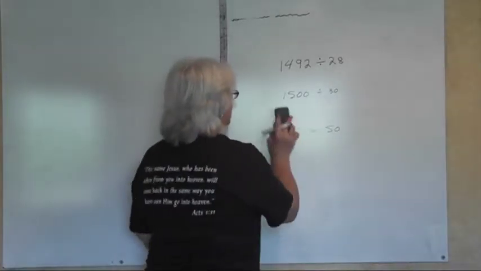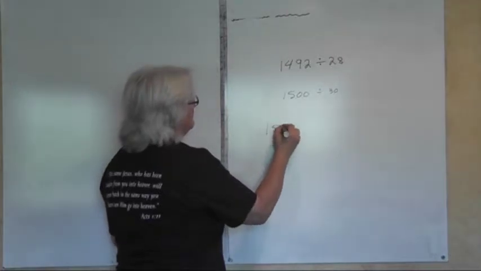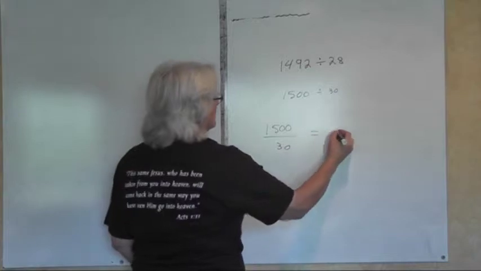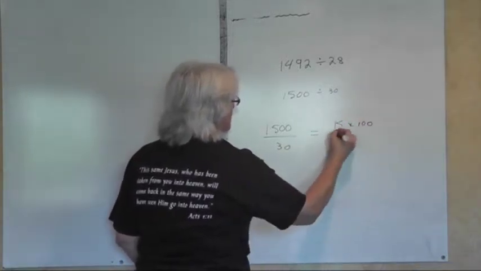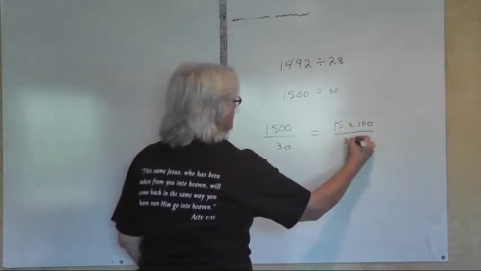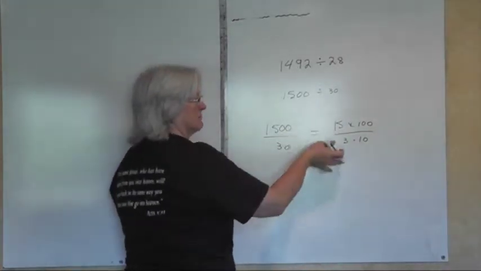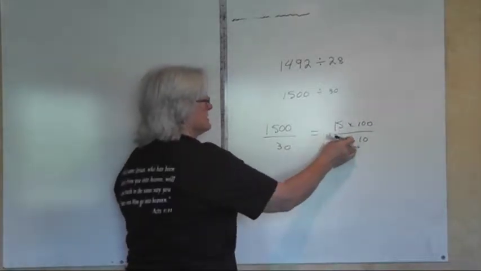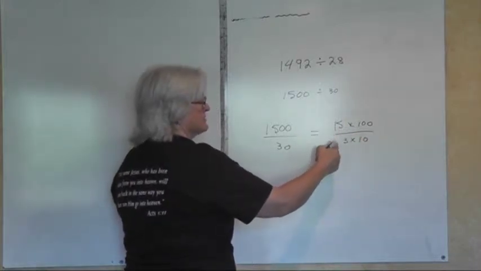Okay? Don't you love my expressions? 1,500 divided by 30. That's the same as 15 times 100, over 3 times 10. Okay, I'm looking at common things here. Well, now I see that I have common factors here.